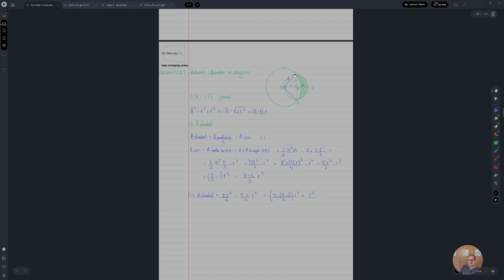ABC. So look at this. I have the area of this sector over here. If I take the area of this bigger triangle, which is made out of 2 times the area of these two smaller triangles, then I'm left with that, which is the bit that I want. All right? So that's what I did.